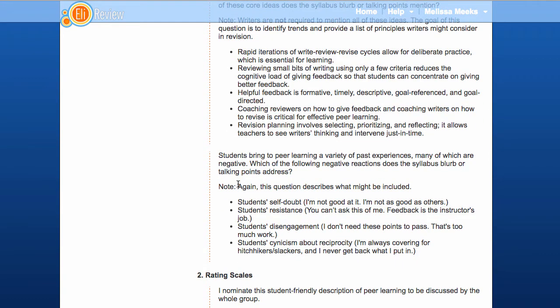The third set comes from my experience working with several groups over this past year who found that students have many negative experiences with peer learning. Getting students to a more positive place with higher expectations of peer learning takes intentional conversation. So this list is about figuring out what negative ideas you're confronting.